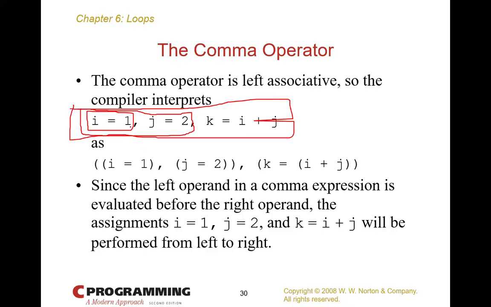This is important. So it first sets i is equal to 1, and then it sets j is equal to 2. By the time it gets to k is equal to i plus j, it is making use of the value in i and the value in j. So since the left operand in a comma expression is evaluated before the right operand, the assignment will be performed from left to right.